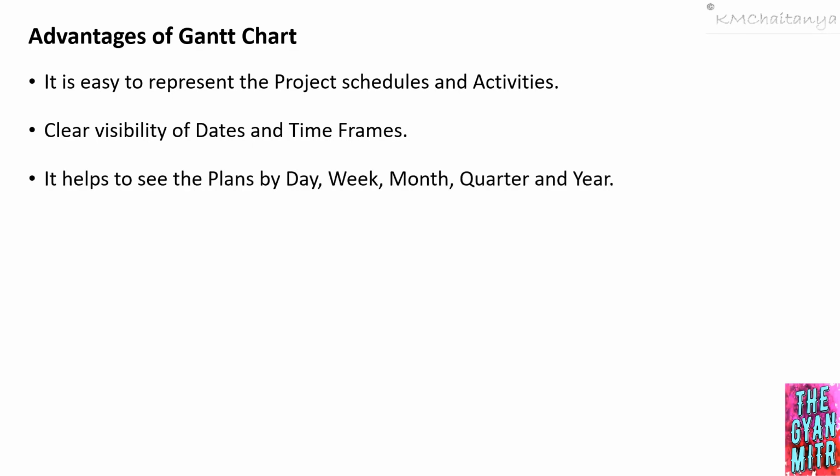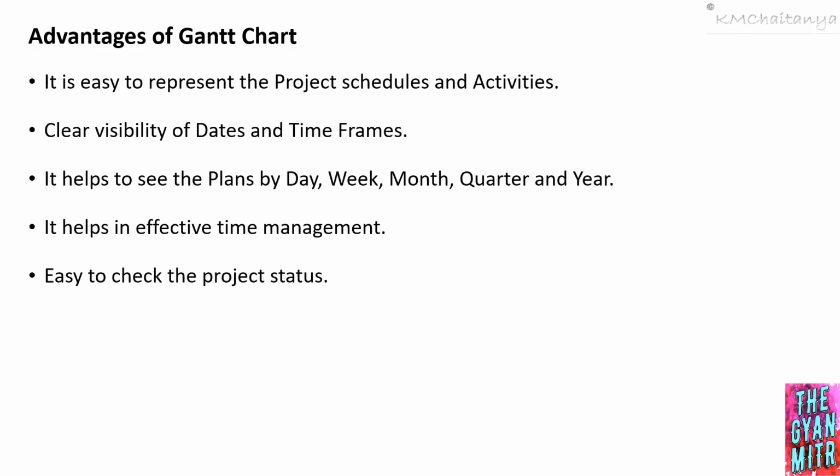It helps us to plan on a weekly basis, daily basis, monthly basis, quarterly basis and yearly basis. It helps in efficient time management. The Gantt chart also makes it easy to check the status of the project.